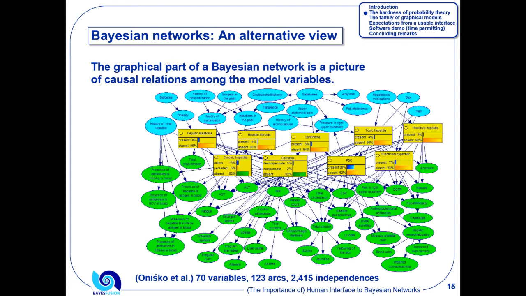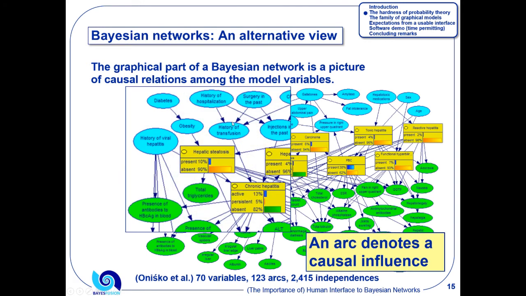Here's another way of looking at Bayesian networks. The graphical part of a Bayesian network is a picture of causal relations among the model variables. Here is a Bayesian network that was constructed with the use of textbooks, articles, and experts. It is pretty much following a causal structure. Let me blow up a little bit of it. An arrow between diabetes and obesity means that diabetes is a risk factor for obesity.